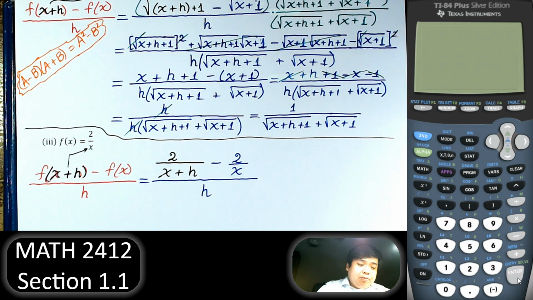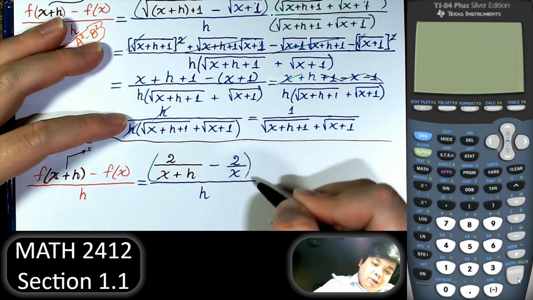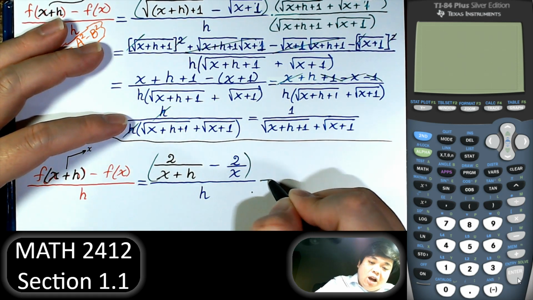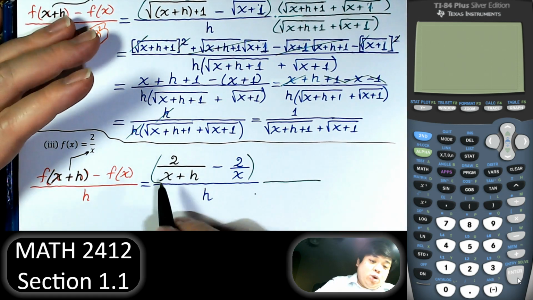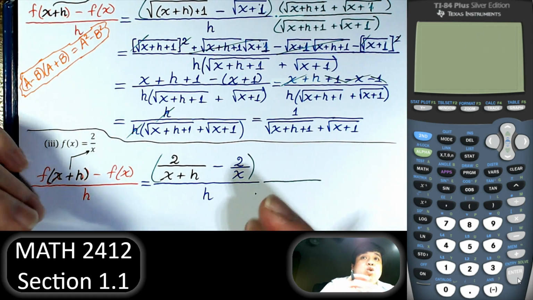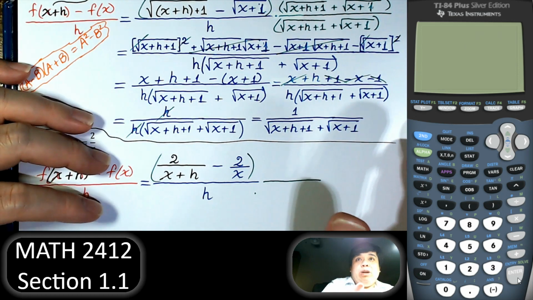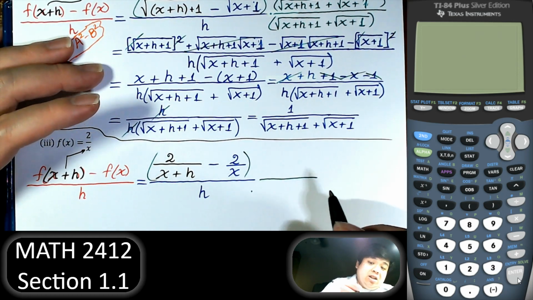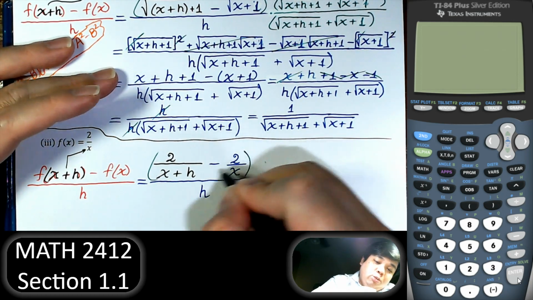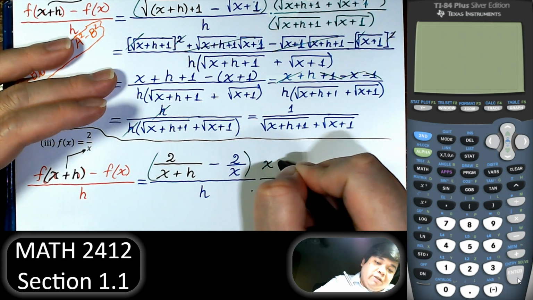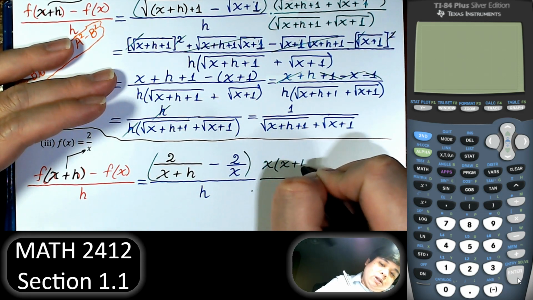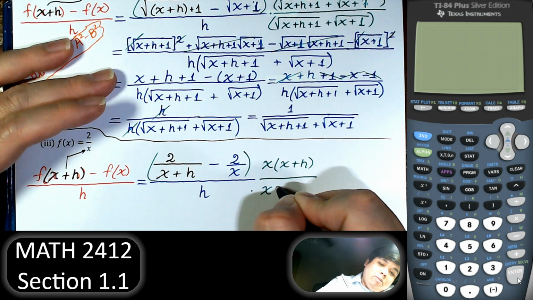To do this, we multiply the top and the bottom by something that will cancel out the denominator. Usually, if we multiply by something that cancels the denominators, it would be the least common denominator, and that's exactly what we do. So we multiply by the least common denominator of x times x plus h, top and bottom.